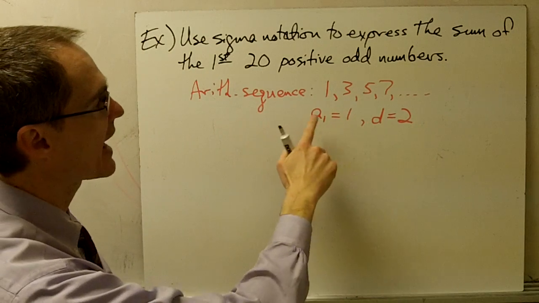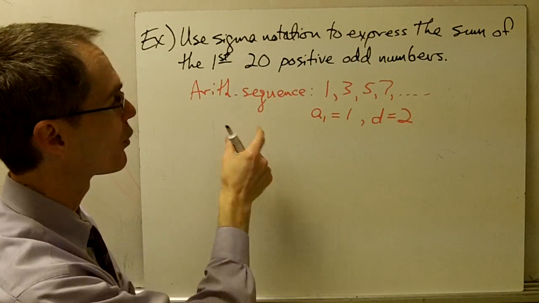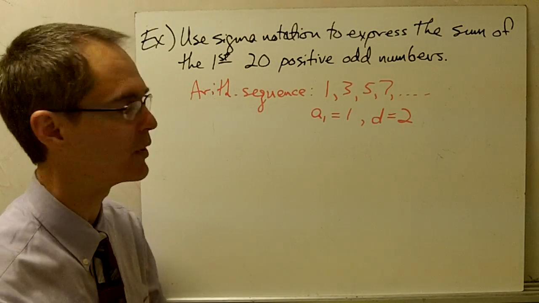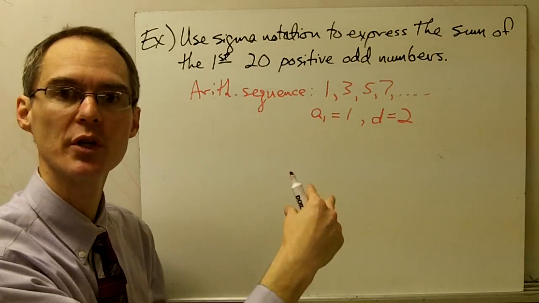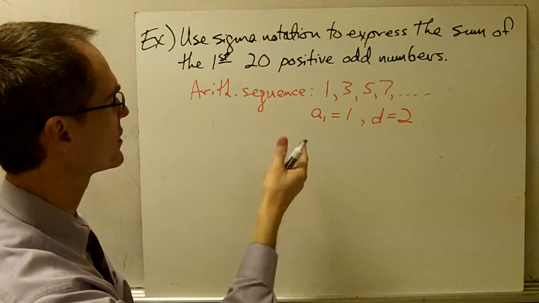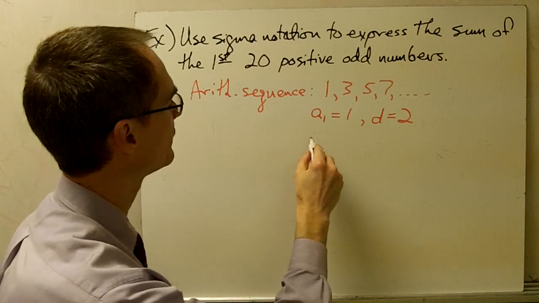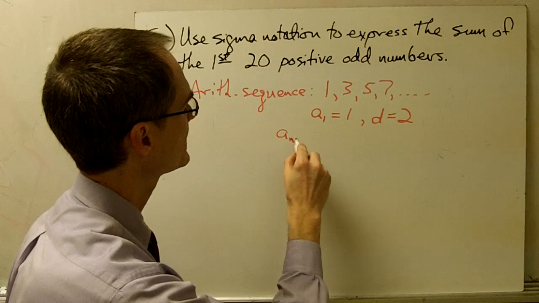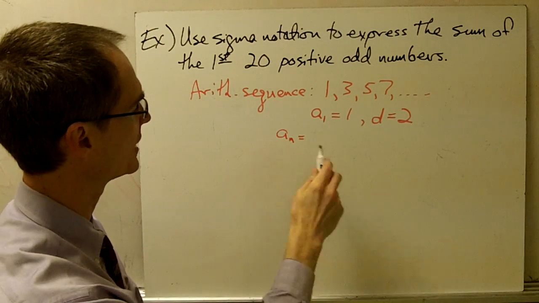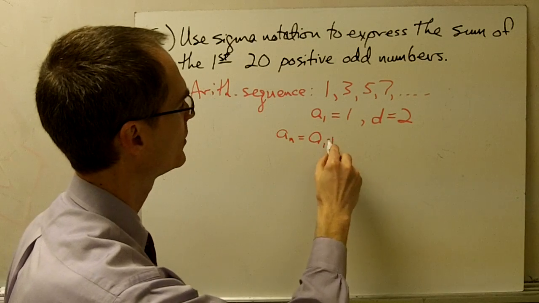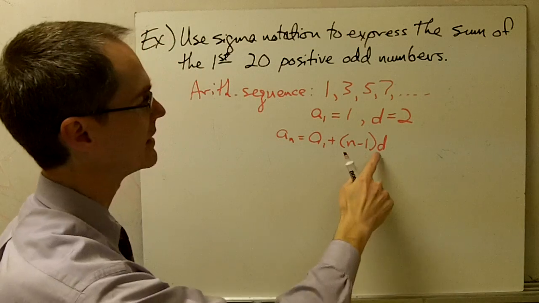Well, I remembered that I can write down a formula, called an explicit formula, for the nth term in the sequence. That's going to be very handy because that formula is what we're going to use in our sigma notation, as we're going to see in just a minute. So let's go ahead and write that down. If I want to write down the explicit formula for a sub n, the nth term in the sequence, then I remember this formula is a sub 1 plus n minus 1 times d.